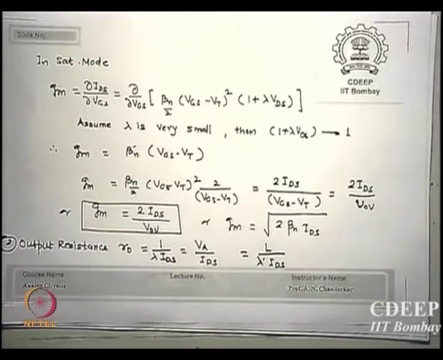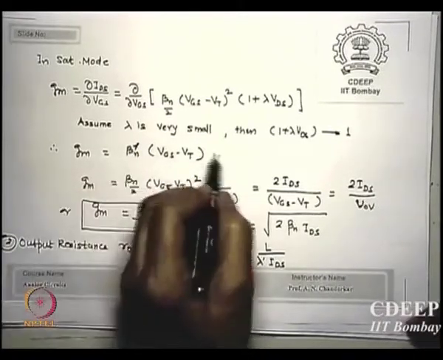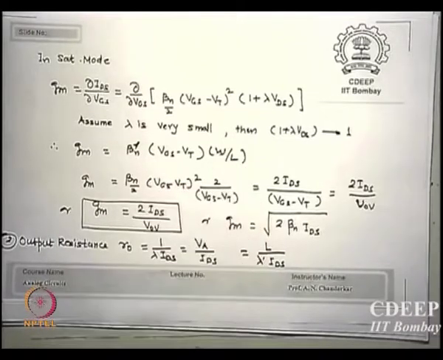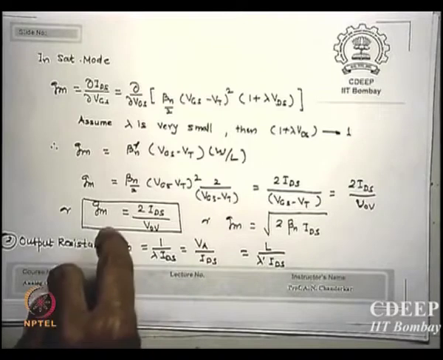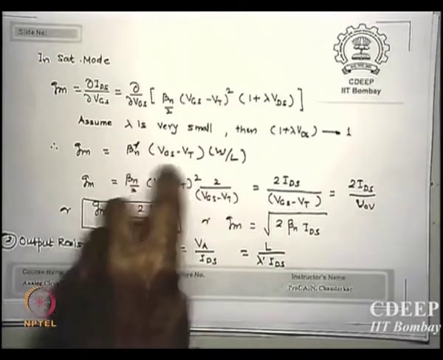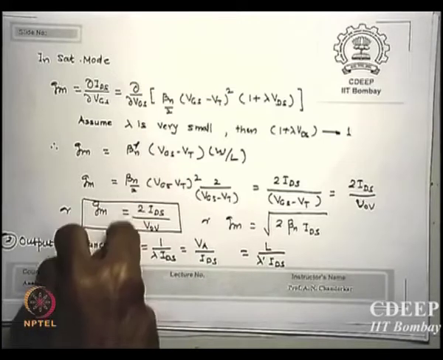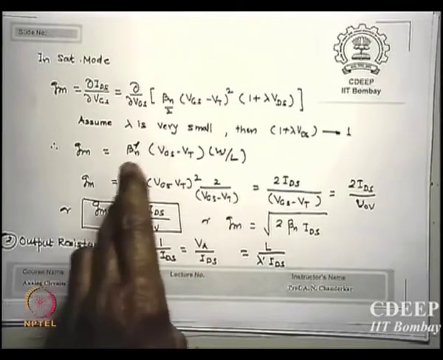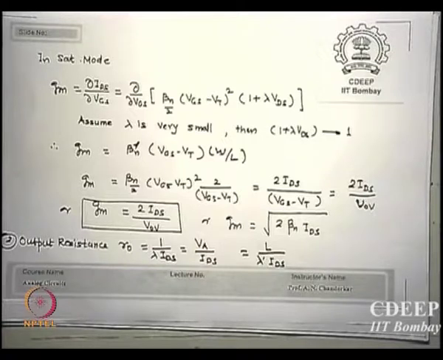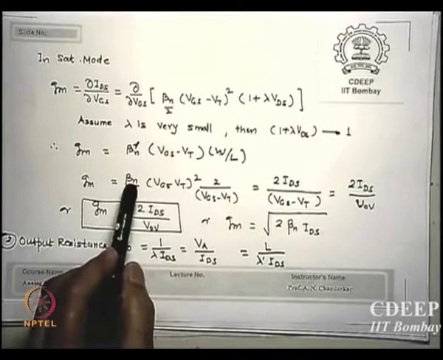So not beta dash, sorry, or if it is a beta dash, I will, for the sake of correctness, multiply it by W by L. If I substitute the current equation assuming lambda 0 back into this expression, I can write beta by 2 (VGS minus VT) square into 2 upon (VGS minus VT), then the first part is IDS.